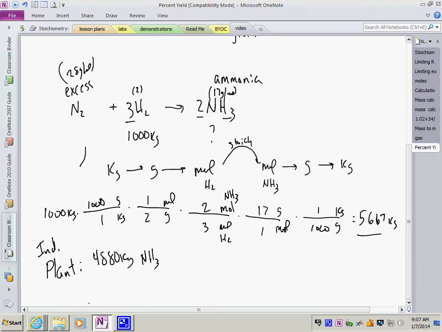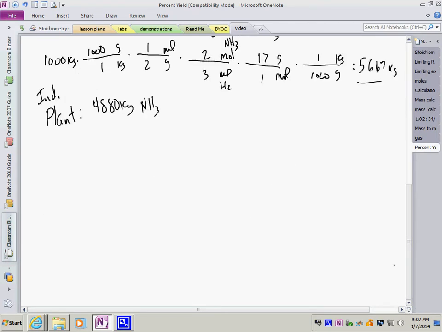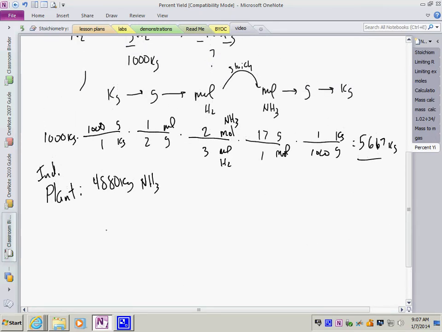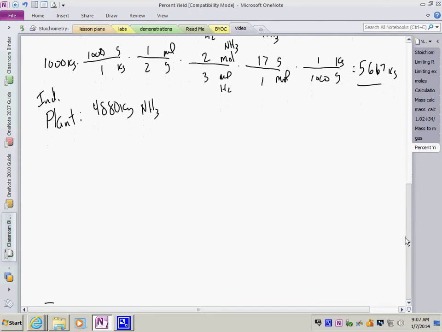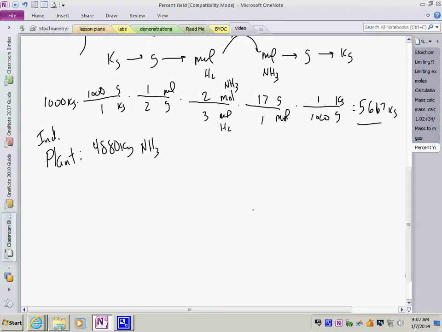If you're running a business trying to sell this stuff, you need to get a certain percent yield, and different chemical reactions give different percent yields, whether you're making ammonia or ibuprofen. Historically, your company might require a certain percent yield, and if you don't perform to that, things need to change, or you could even lose your job, because that's profits not being sold. So you're losing money.